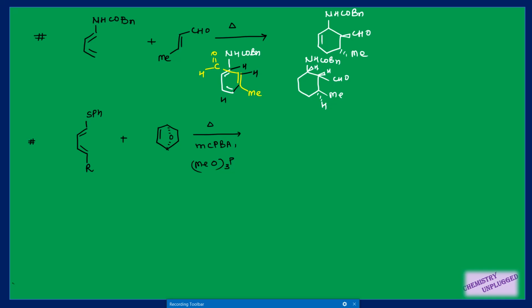If these protons are going above the plane, these two groups will go below the plane and this methyl will go above the plane. So these two groups are anti to each other in the starting reactant, and these two groups are cis to each other, right? So this is our endo product, means this will be major.